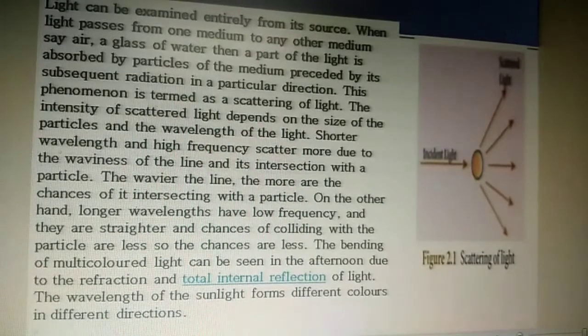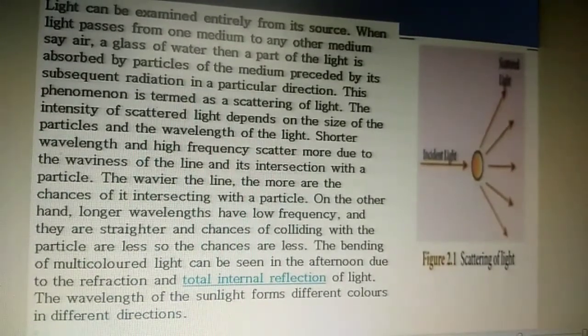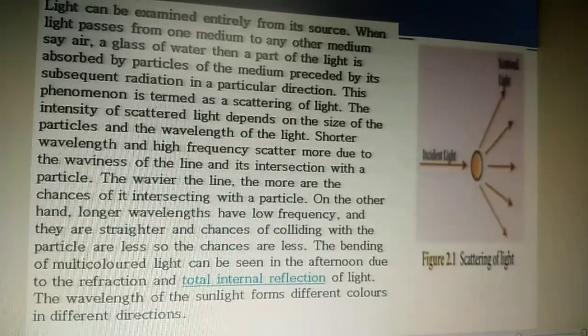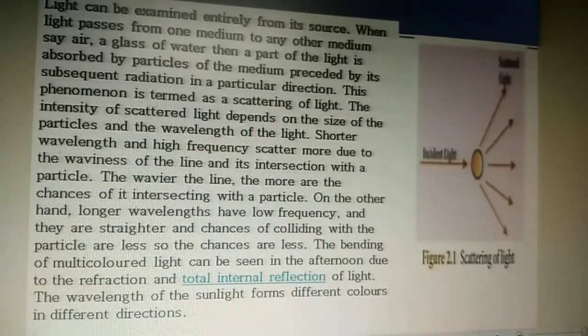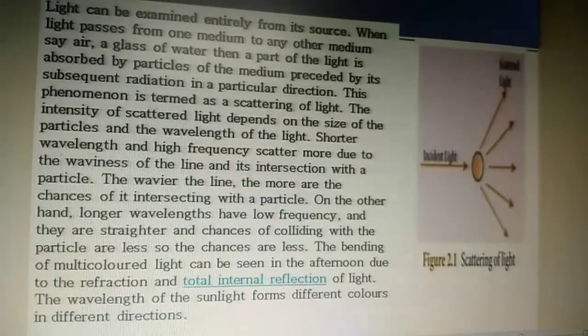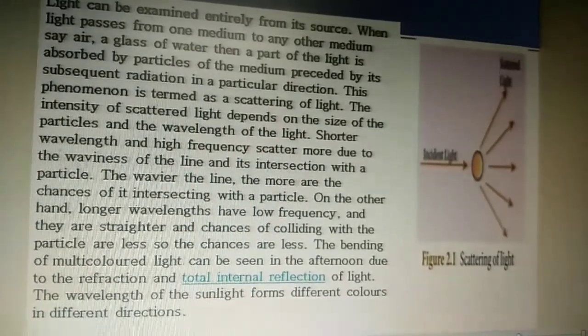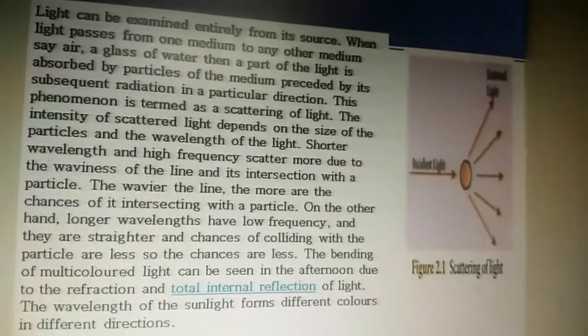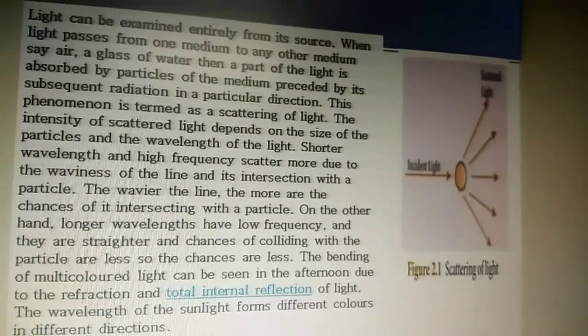So the bending of multicolored light can be seen in the afternoon due to the refraction and total internal reflection of light, because the wavelengths of the sunlight form different colors in different directions. This is nothing but scattering of light.